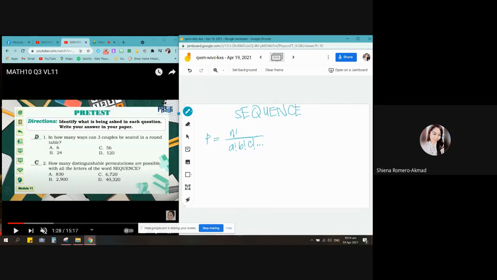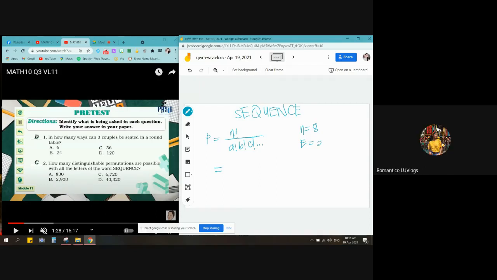So how many letters are there in the word sequence? That will be our n. So our n here is equal to, ilang letters meron ng sequence? 8. Correct. So, anong letters yung mga naulit? E po. Ilang E po? And ilang beses siya naulit?